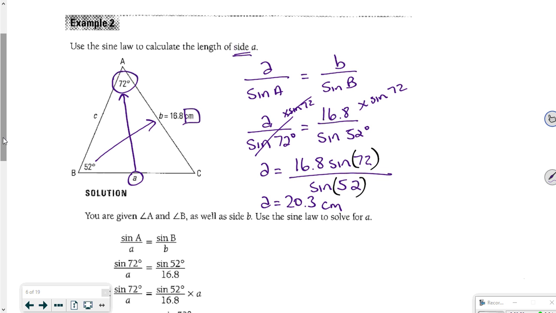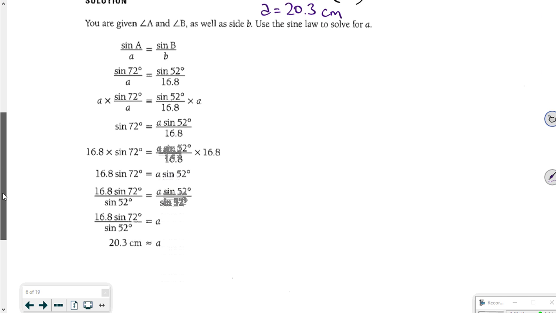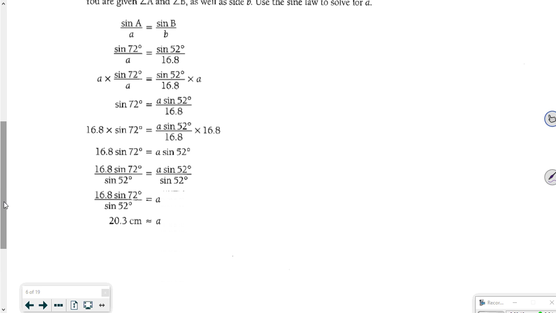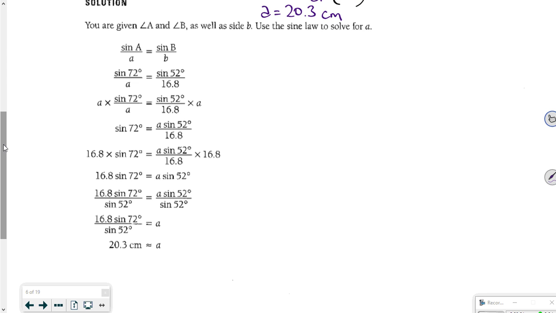Okay, so the way I do it, this was 3 steps. The way the book is showing you is like 8 or 9 steps. And this is why I find it way easier to rearrange and put your sides on top in order to solve. If you're solving for a side, put your sides on top.